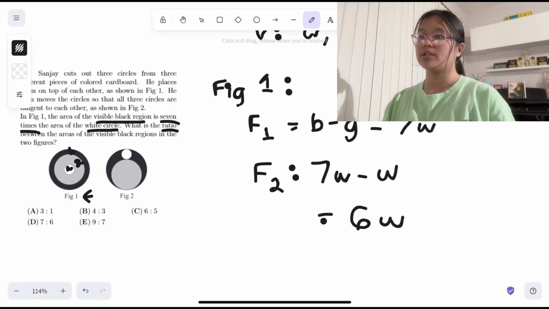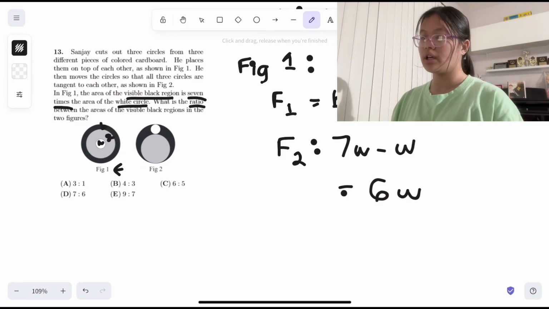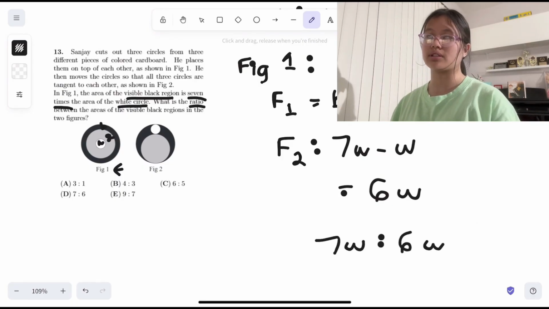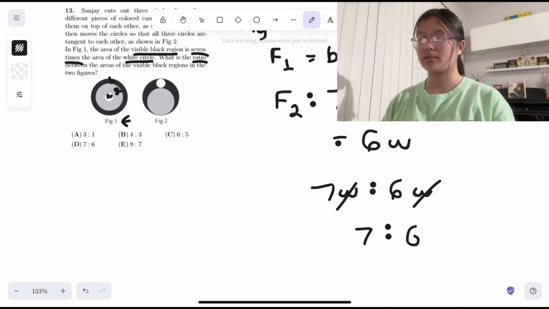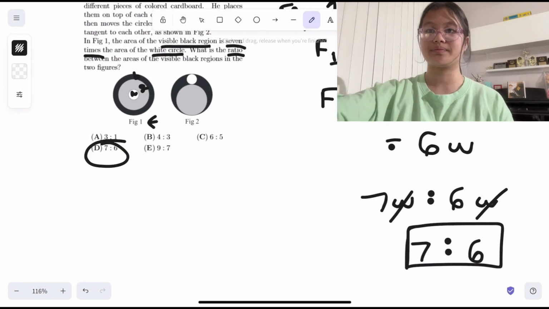So now, what we can do is the area ratio is 7W to 6W, and we can just cross out both the W's. So now our ratio is 7 to 6, so it's D.